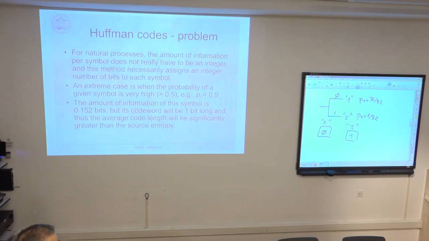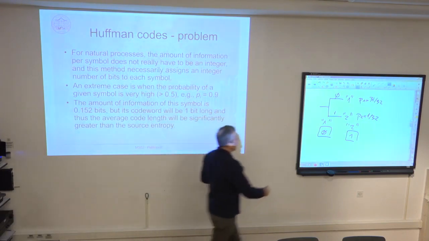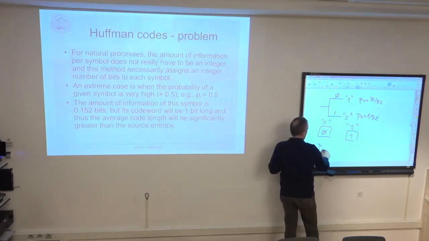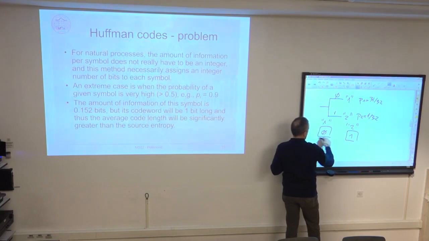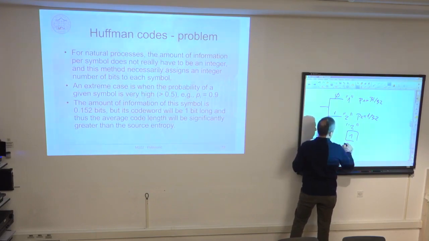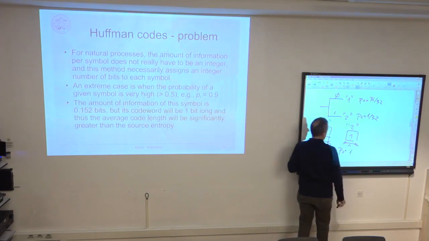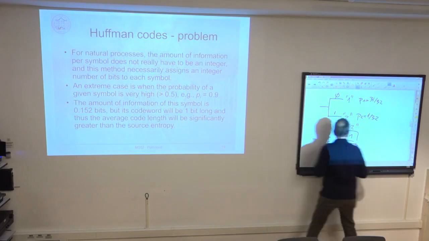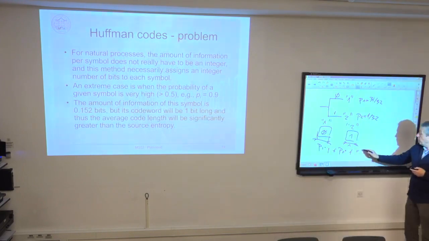Now if I compute the average length of the code, it is simply P1 times 1, the length is 1, plus P2 times, again, 1 bit, because this code is also 1 bit in length. We get P1 plus P2, and that is 1.